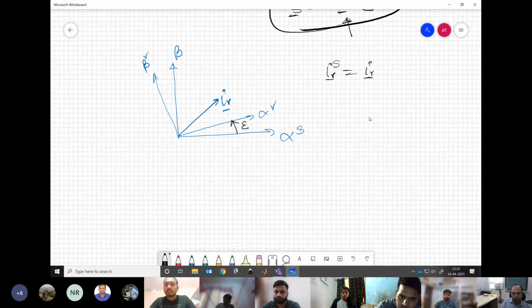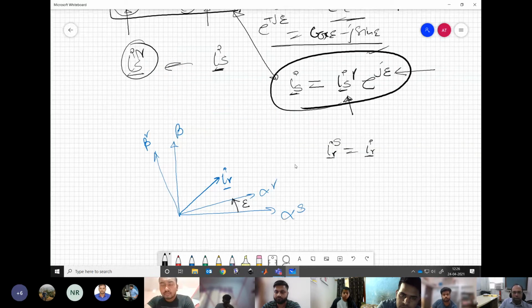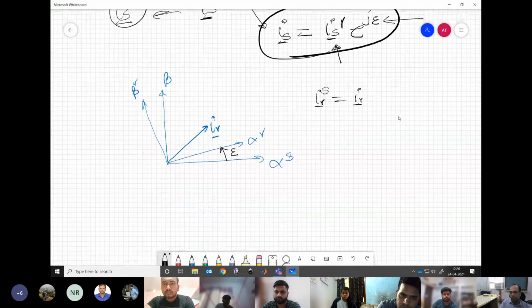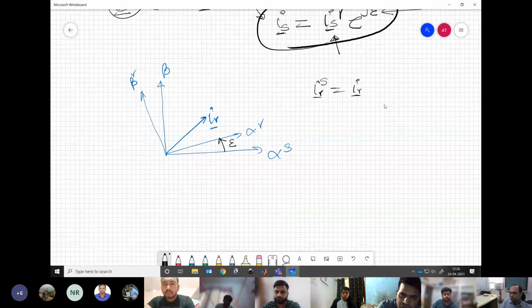We'll take the projection. Yeah, that is one thing, but now we have understood finally this compact equation. You can tell directly in terms of this. What should I multiply here on the right hand side? e to the power plus j epsilon.